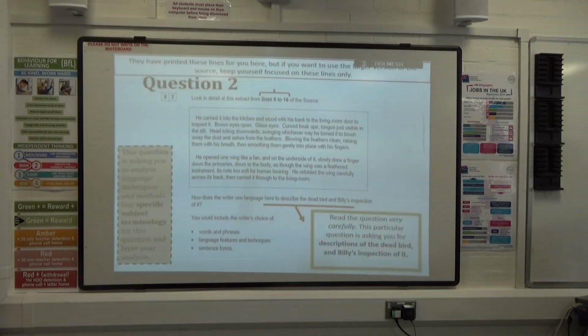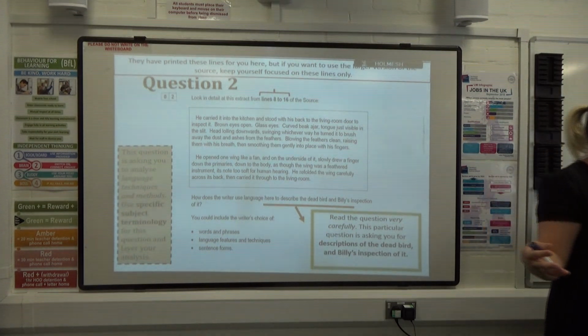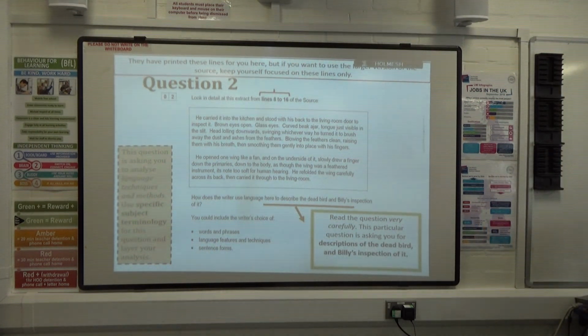So we're going to look at our source that I'm going to give you now. Now, whenever you're given, in your language paper, you'll be given a source that you've never seen before. It's going to be an extract from a book that it is more than likely that you will never have studied before, as opposed to your literature GCSE, where you'll have studied all of the text they give you.